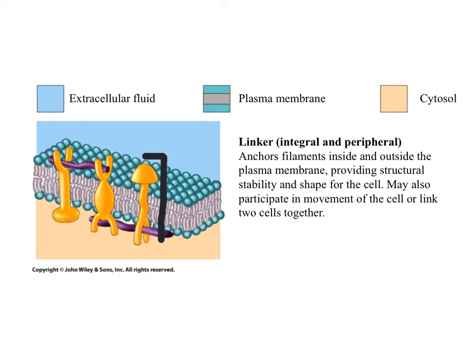Just like their name implies, the purpose of these proteins, they are filament type proteins, and they act to either attach to the inside of the cell and bind things together within the cell itself, or they can work to participate in linking two separate cells together. So there's a variety of different types of linkages with these types of proteins.